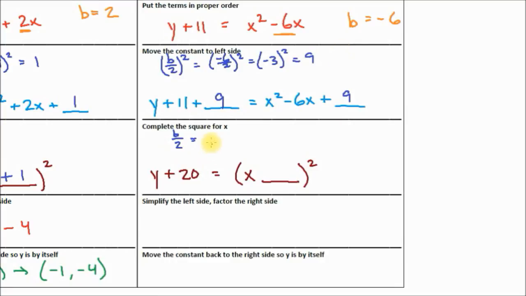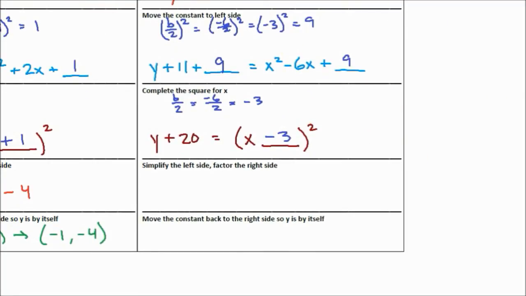In this case, b is negative now. This is -6 over 2, which is equal to -3. So the number needed to factor is -3. And the last step, let's move the constant back over to the right side. We subtract 20 from both sides, and we have y equals x minus 3 quantity squared minus 20.